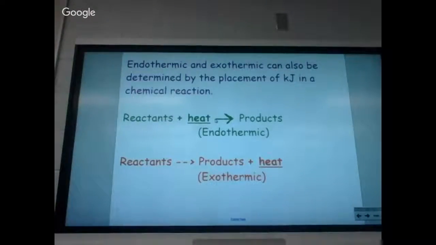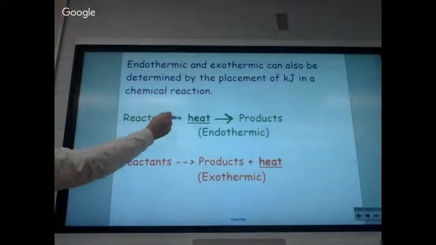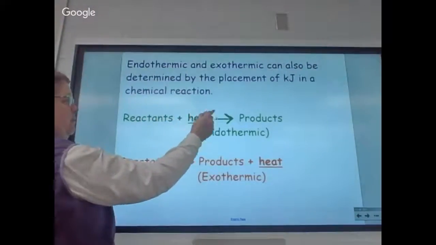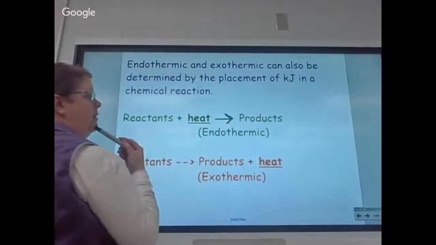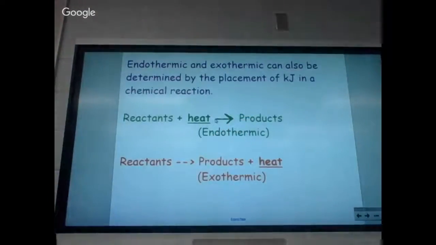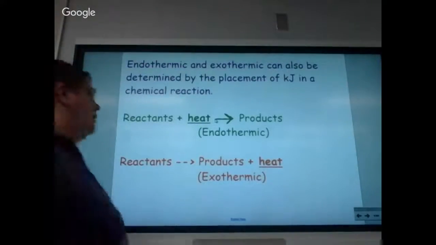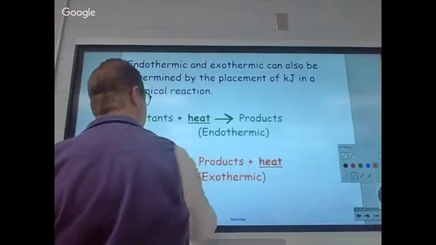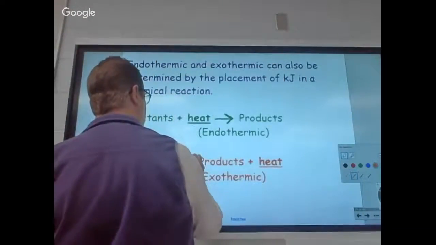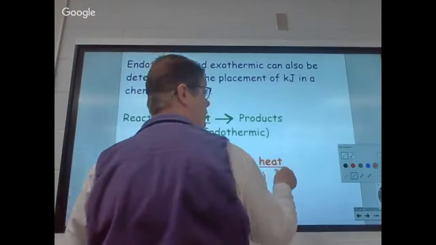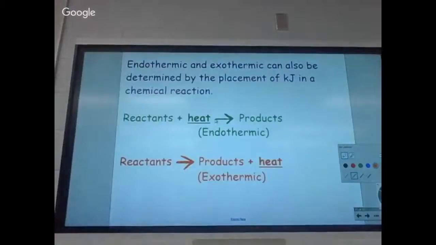If it says your reactants plus heat as a reactant yields your products, it's endothermic. If the heat is a reactant, it's endothermic. Now, if your heat is a product, it's exothermic.